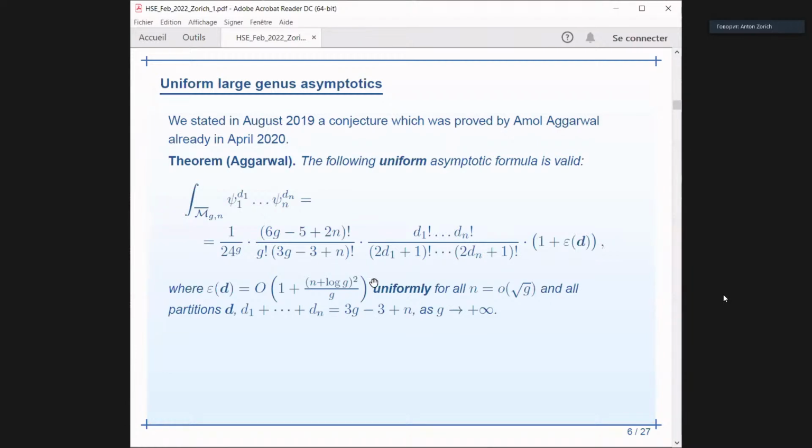All I'm saying is sort of experiments and conjectures, but it looks like you can go beyond this square root of g, but then you have to modify this formula. You have to modify this factor. It wouldn't be 1 anymore, but it looks like we have a reasonable guess of how it would behave beyond square root of g. As you see, this is a very recent theorem, and we just didn't have enough time to play with this.